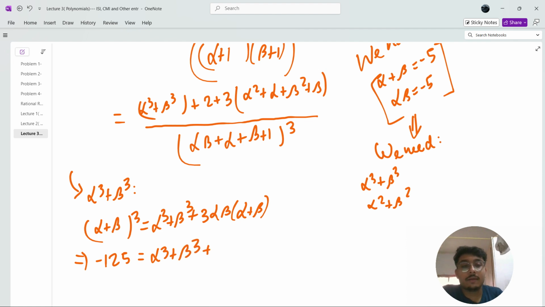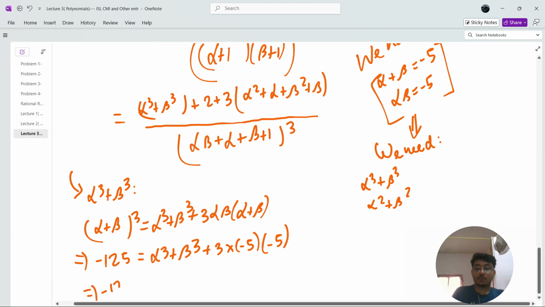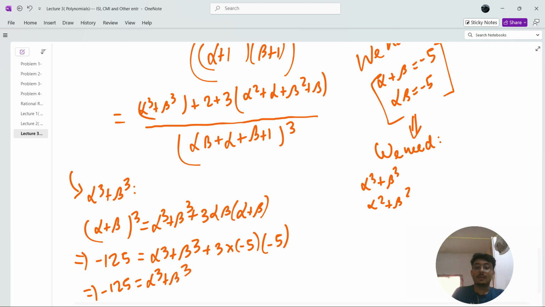So minus 15. So this is my 3 into minus 5 into minus 5. So then it is minus 125 is equal to alpha cube plus beta cube plus 75. This is 5 square 25 into 3, 75. So then my alpha cube plus beta cube comes out to be minus 200. This is my equation 1.